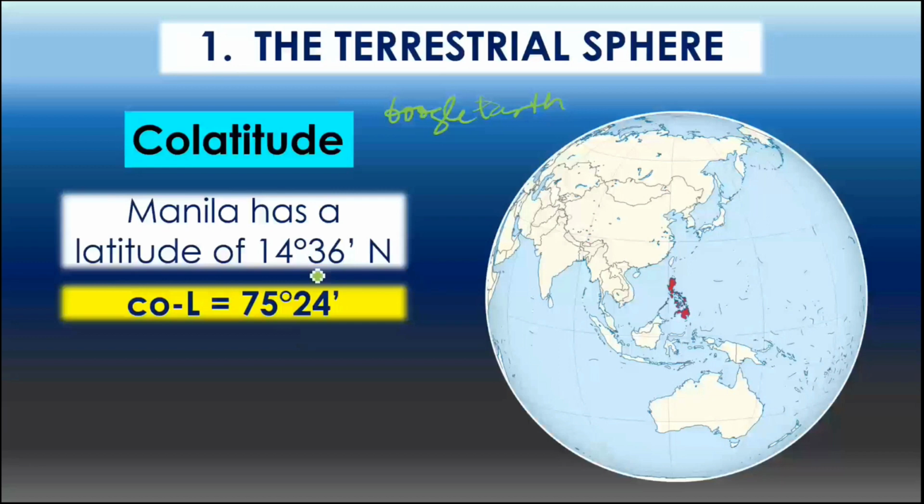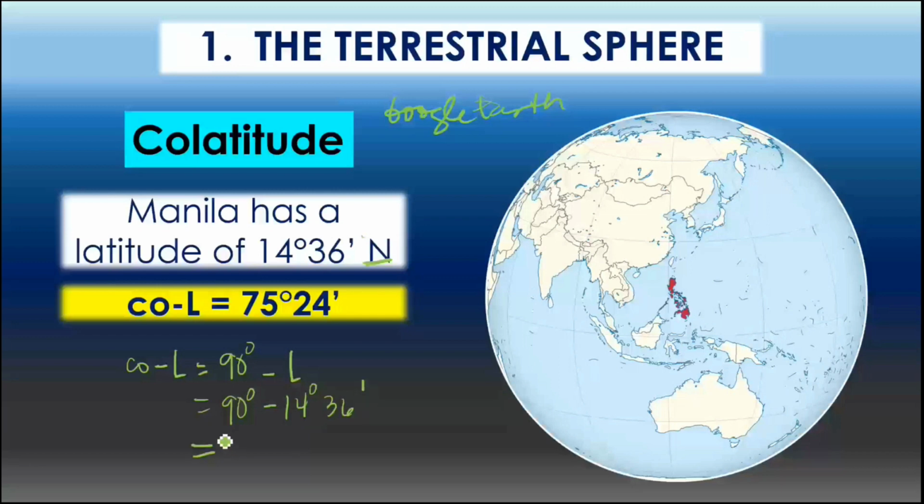In the handout that we have, the latitude of Manila is 14 degrees 36 minutes north, and as you can see, Manila is in the north of the equator. So what we are going to do to get the colatitude is: the colatitude equals 90 degrees minus the latitude. That is 90 degrees minus 14 degrees 36 minutes.